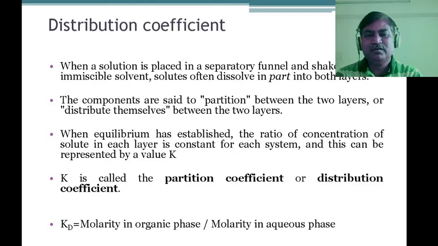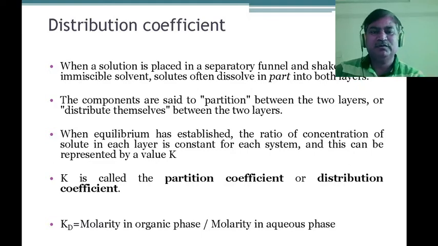Suppose we are measuring this concentration in terms of molarity, then this ratio becomes Kd is equal to, as shown in the slide, molarity in organic phase divided by molarity in aqueous phase. So in a simple way, what is the definition of distribution coefficient Kd?